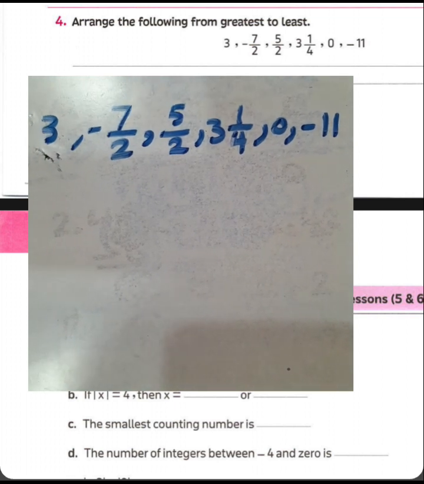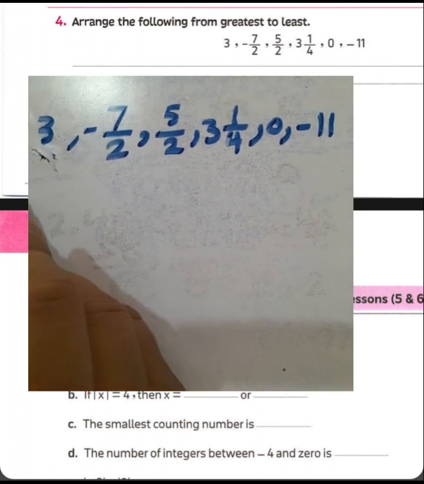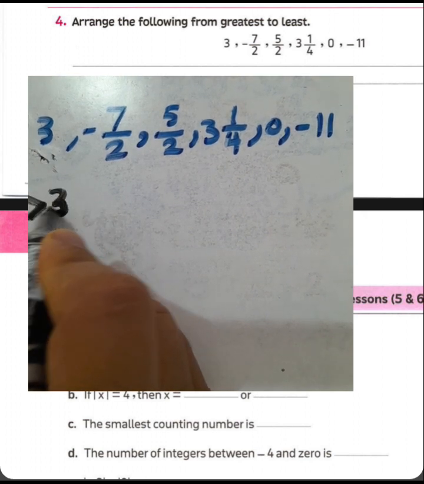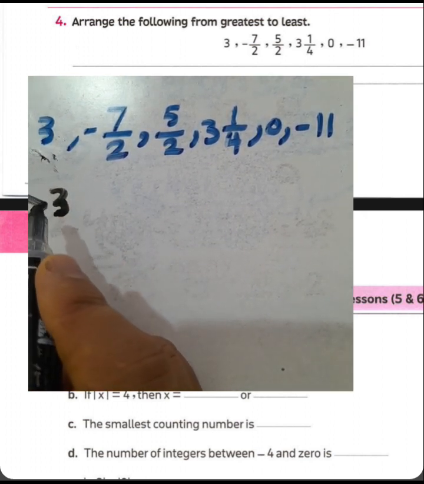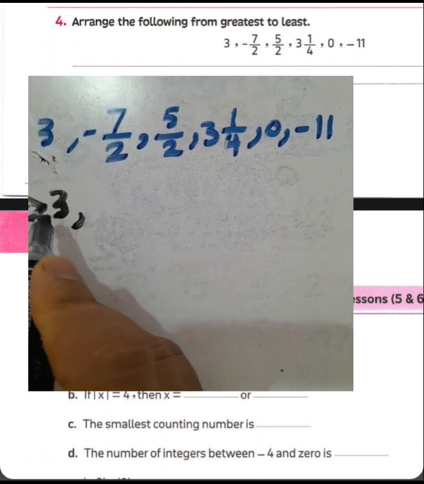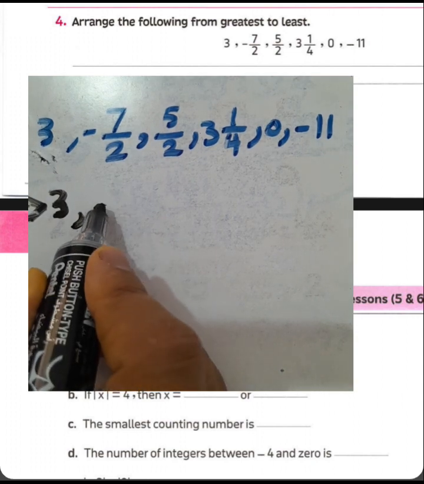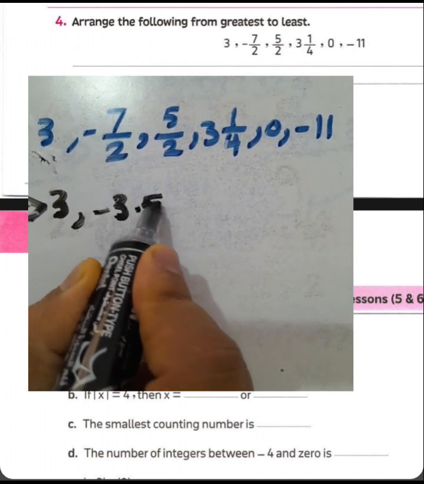In this example, you can convert from fraction to decimal number. We know 3 is 3 over 1, a whole number. And negative 7 over 2, half of 7 will be negative 3.5.